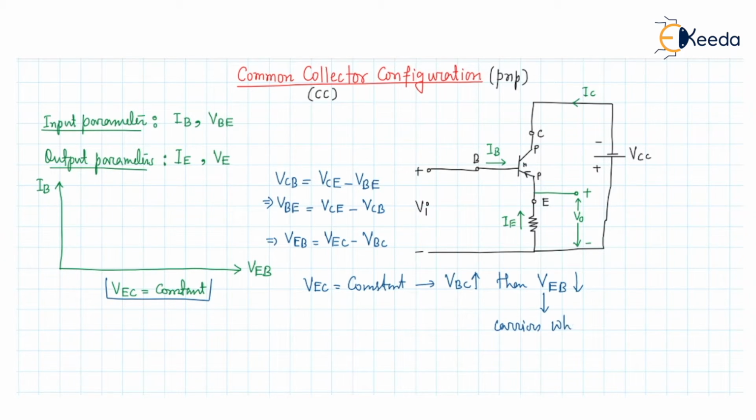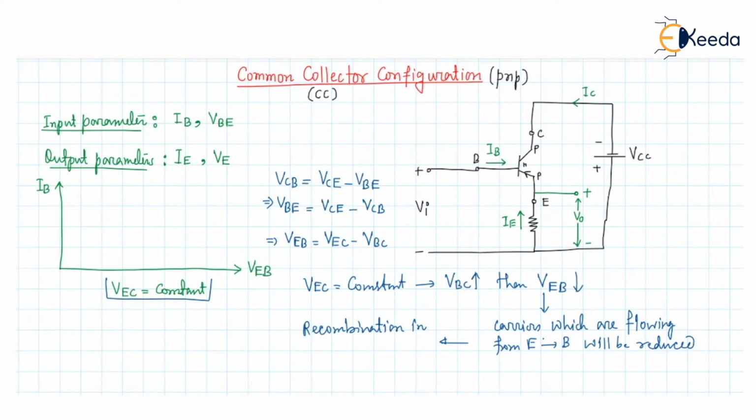This causes a decrease in the number of recombinations in the base.